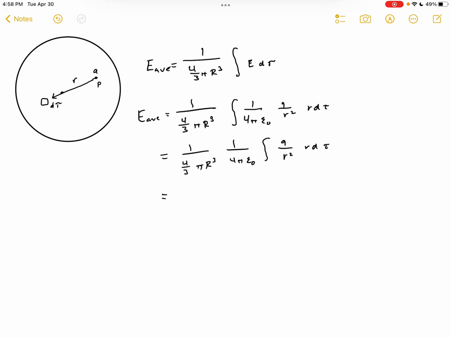Which can be further simplified to q over 4 pi R cubed, times 1 over 4 pi epsilon naught, integral 1 over r squared r-hat d tau.